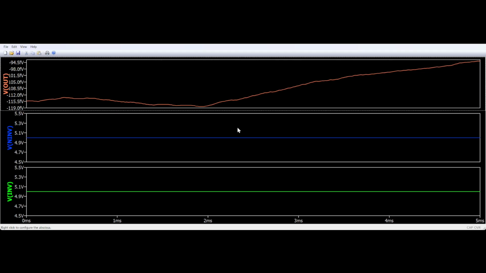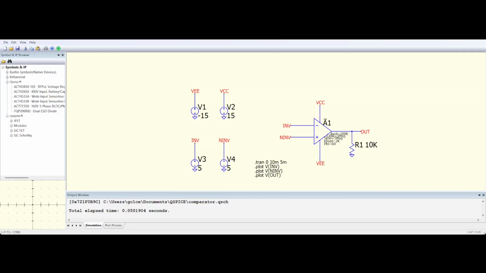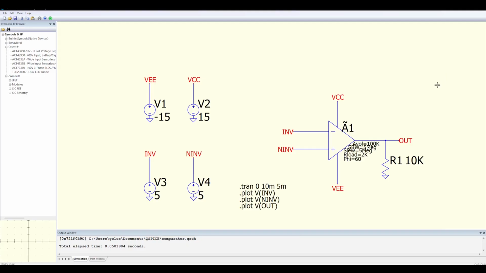All right, as you can see in the plot here, we got 5 volts on inverting, 5 volts on non-inverting. This is 0 volts, whatever, but basically it's 0. So let's move some values around here and see what we get.